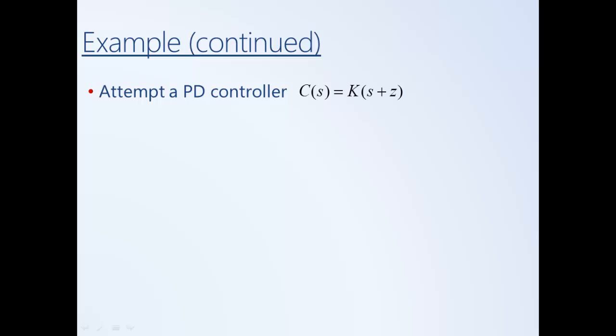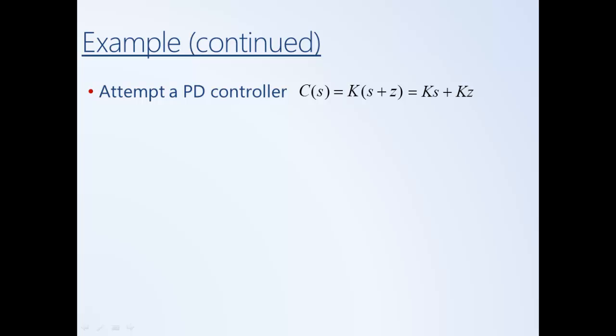It turns out that a PD controller adds a 0 to the open loop system. Looking at this, it may not be obvious that this has the form of a PD controller. But if I go ahead and distribute that k, it may be a little bit more clear. You see that we have one term with a differentiator and one term that's a constant.